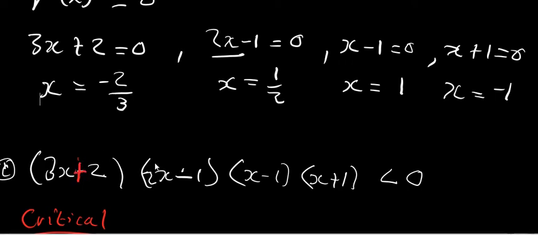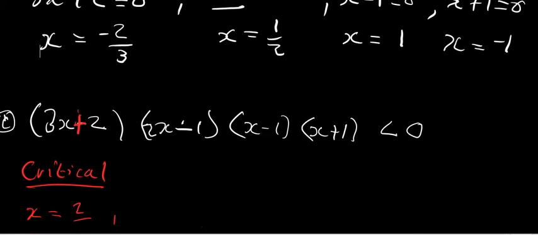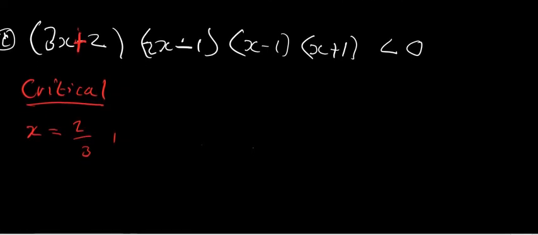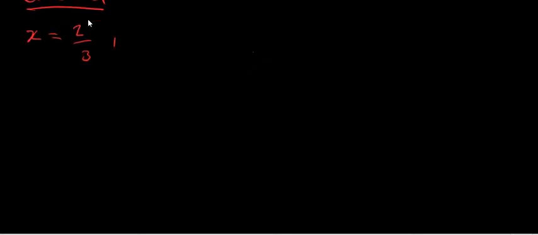All right, so when you look at the inequalities, for you to solve the inequalities, you need to look at the critical points. So in our case, what is our critical point? The critical points are simply coming from that same expression.